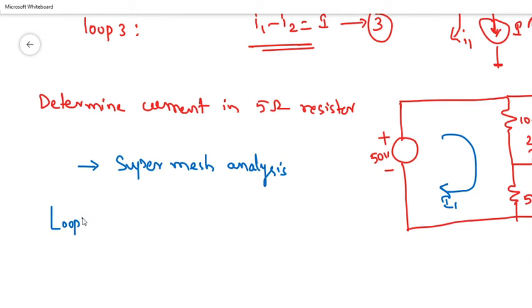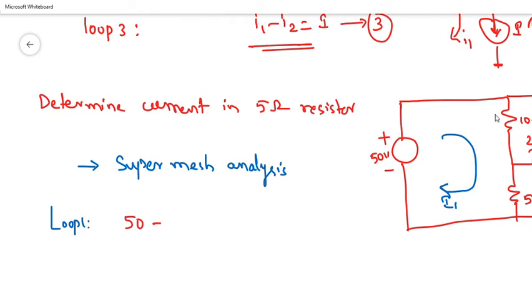Loop 1 has a voltage source as well as 2 resistors. The voltage source current is entering at the negative terminal, so that is positive 50, minus all passive elements, which we should always take as negative.